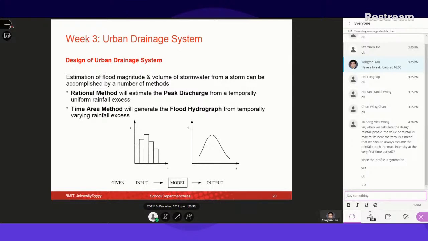The rational method is used to estimate the peak discharge, and the time area method is used to generate the hydrograph. With the hydrograph, we can get the volume of the stormwater, because the area under the hydrograph curve is the volume of the storm.